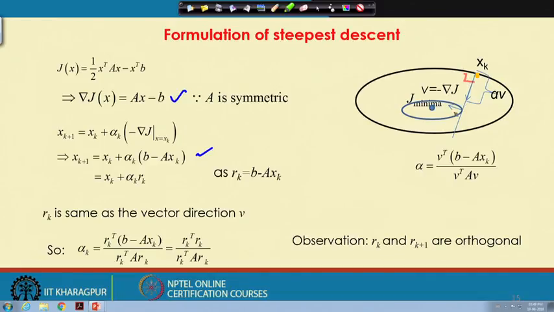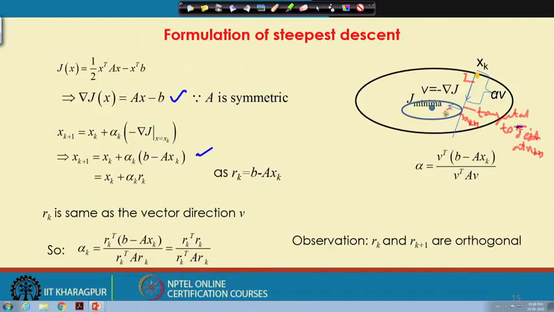Now, we move till j is at a minimum, where the direction is tangential to the j contour at x k plus 1.